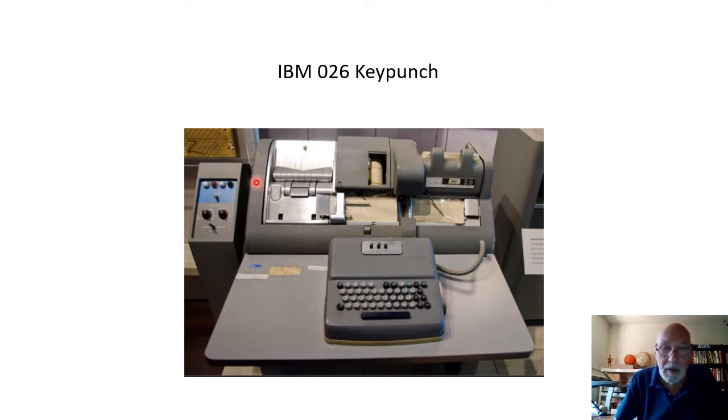And the blank cards would come down on this hopper, be fed right here, and then the operator would punch this little keyboard right here and put the different values in the different columns as directed, and then that card would go up here and be collected as output. My wife, she took training and was a key punch operator in the old days.